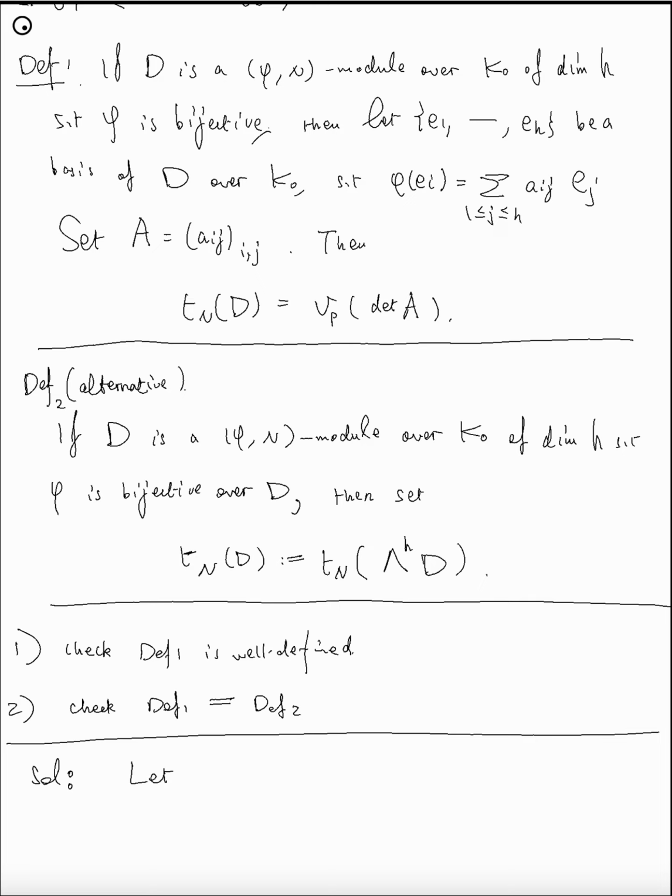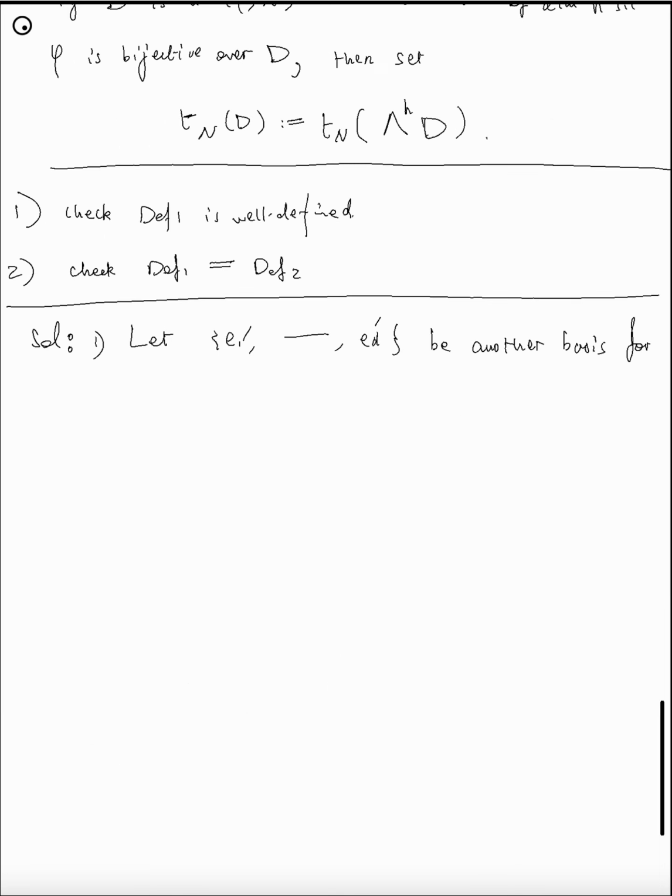So let there be another basis. So this is just linear algebra for D over K0.